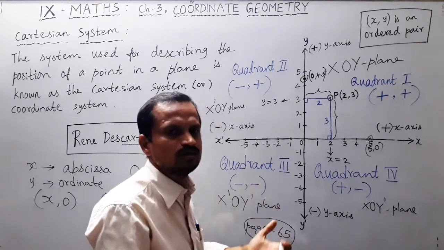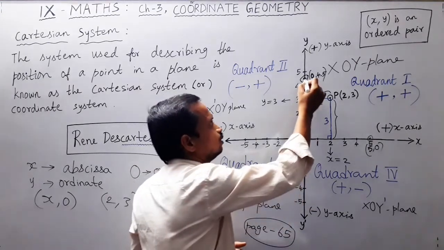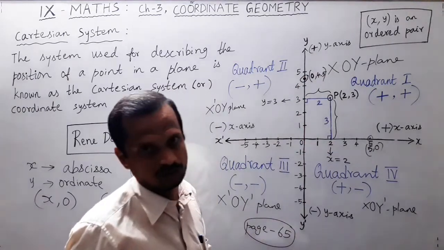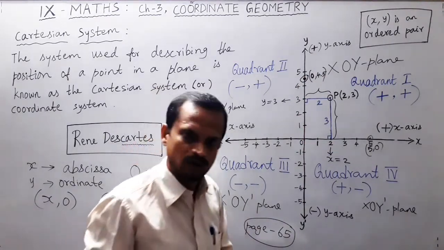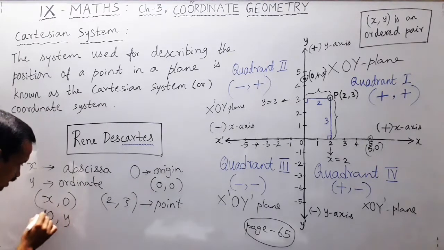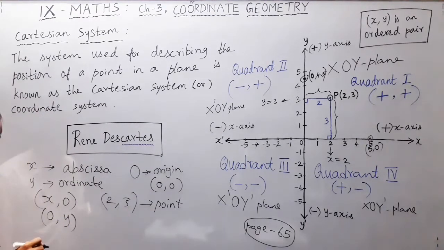So the x coordinate is 0, but y is 4.5. So the point is (0, 4.5). In general, we can write (0, y) as the point on the y-axis. x is always 0 on the y-axis and y is any value.